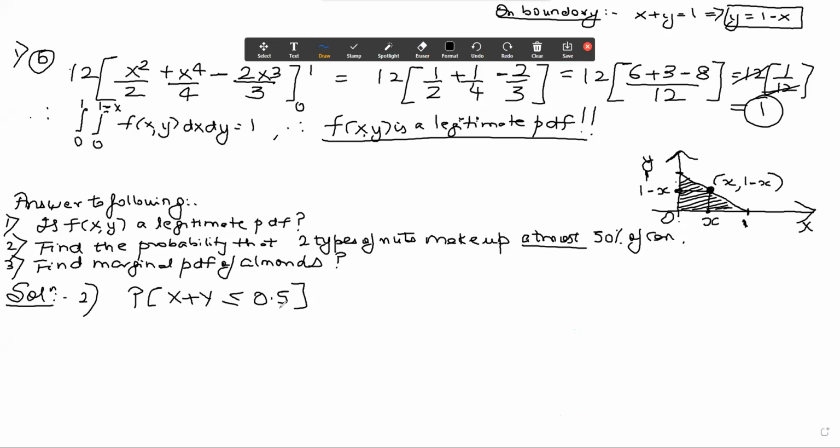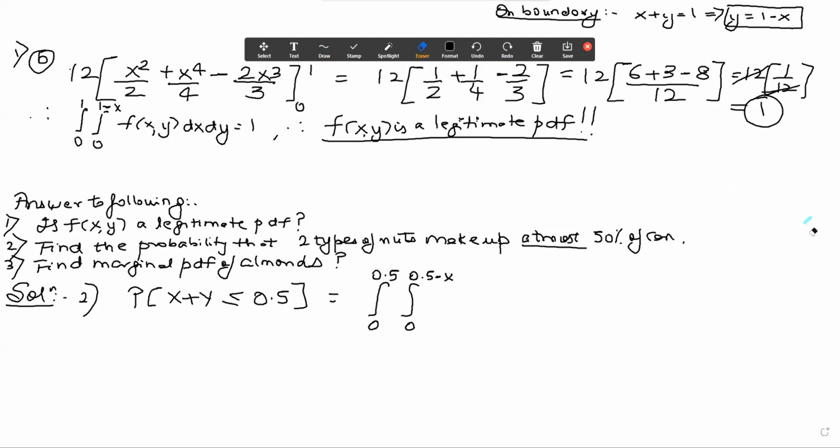That means if I let x go from 0 to 0.5, then y can go from 0 to 0.5 minus x. I can quickly plot another diagram, you can see on the graph.